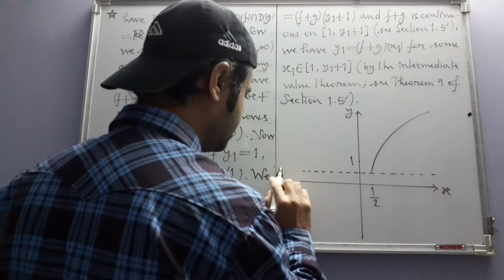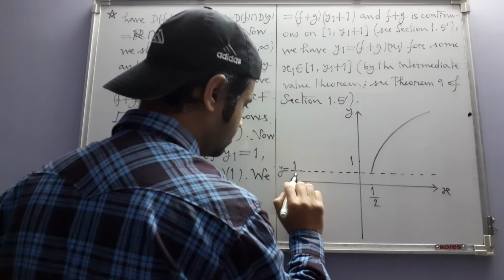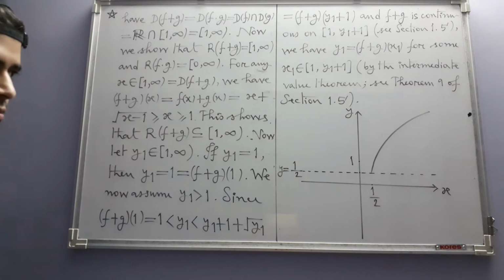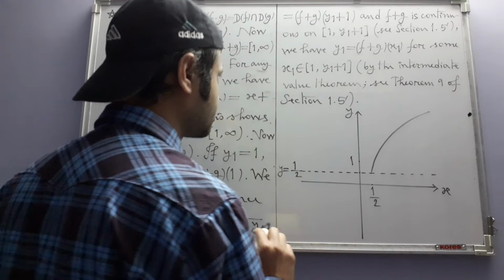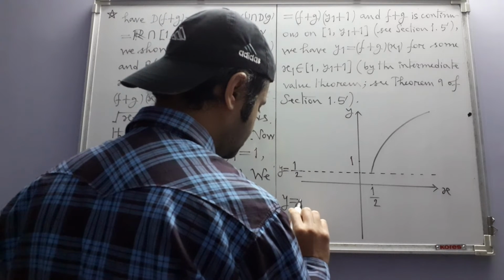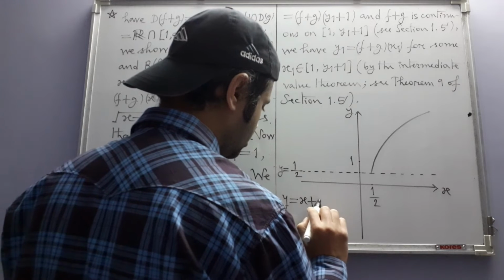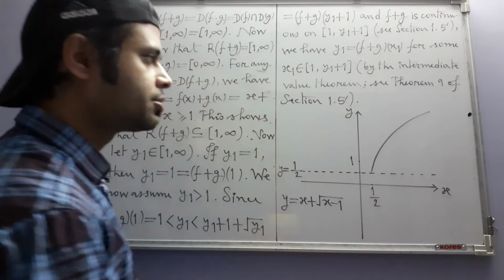Okay, this line is y equal to 1 over 2. The graph of our function, that is y equal to x plus square root of x minus 1, looks like this.